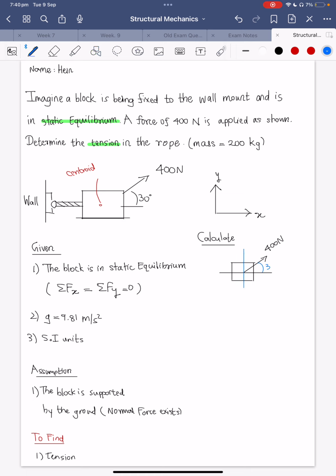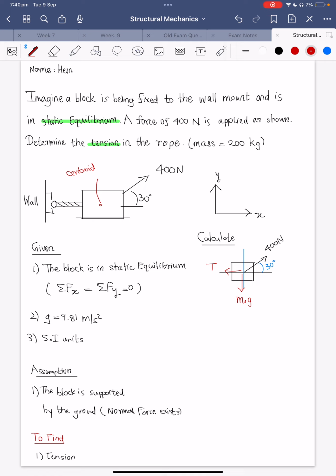And I know this is my 30 degree. And of course, I will write with the red line that there is a tension, a straight line in the x direction, tension, and I have my own weight, which is m times g.